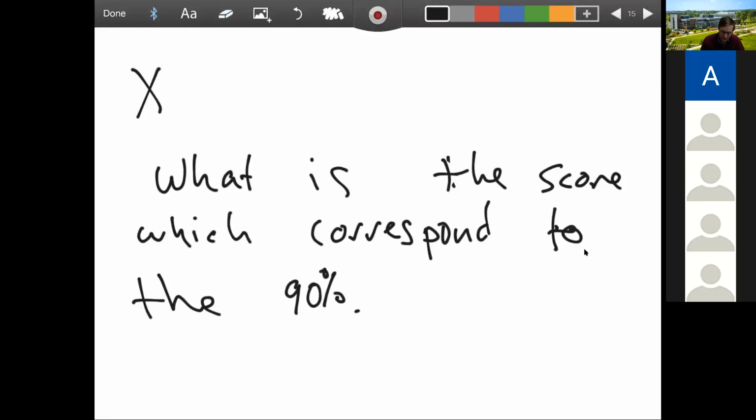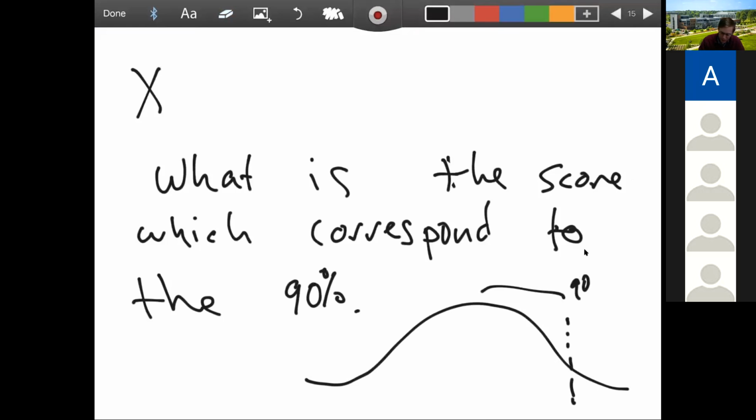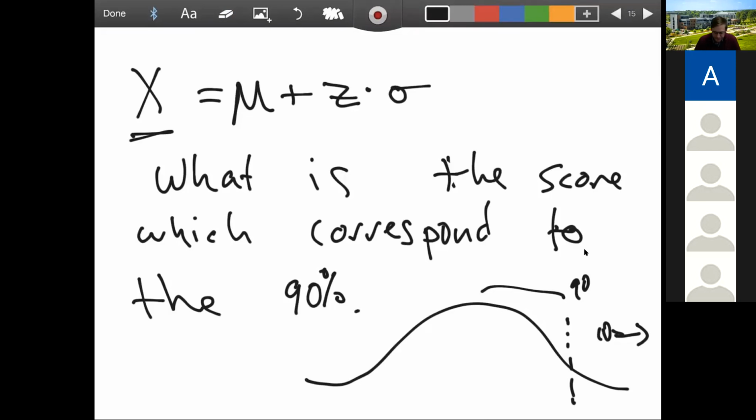In this case, you find what z-score corresponds to 90% in the body, or 10% in the tail. Once you have that z-score, you plug it in to find the raw score. That would be the population mean plus z times the standard deviation. Does that make sense? Yeah, thank you. Of course.